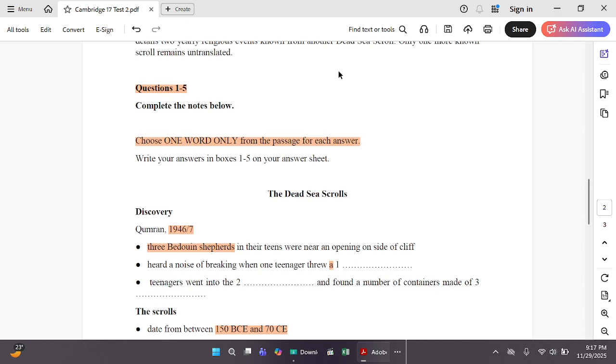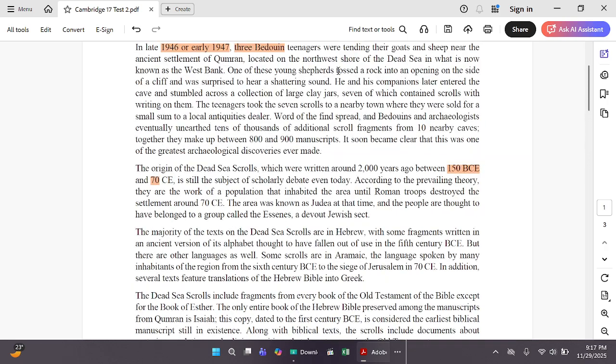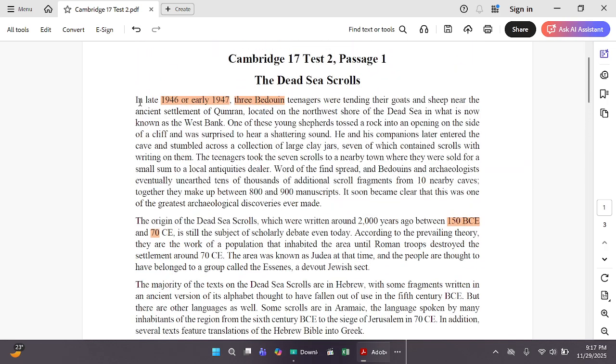Then we move to our passage, where it says, in late 1946 or early 1947, three Bedouin teenagers were tending their goats and sheep near what is now known... We haven't got our answer yet.